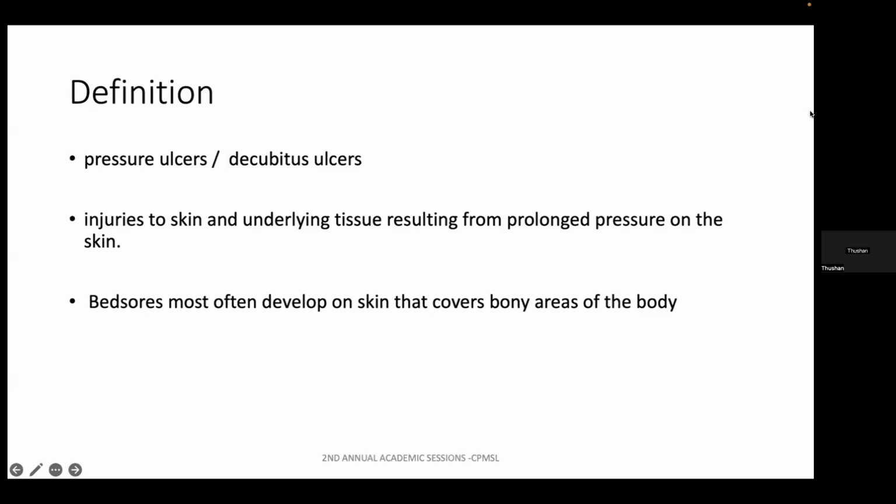Now, this often happens in areas where there is going to be pressure when the patient is lying or sitting or in whatever position. So you also got to remember that the site of this ulcer will change based on various things. In whatever position the patient stays for a long time, the skin of that area is going to be traumatized. And if there's injury to that skin and the underlying tissue, there will be a pressure ulcer.